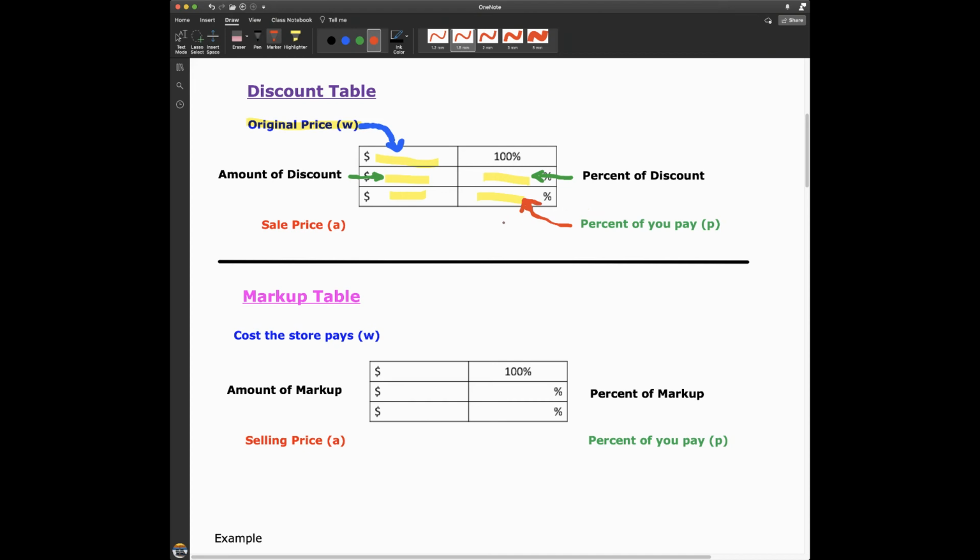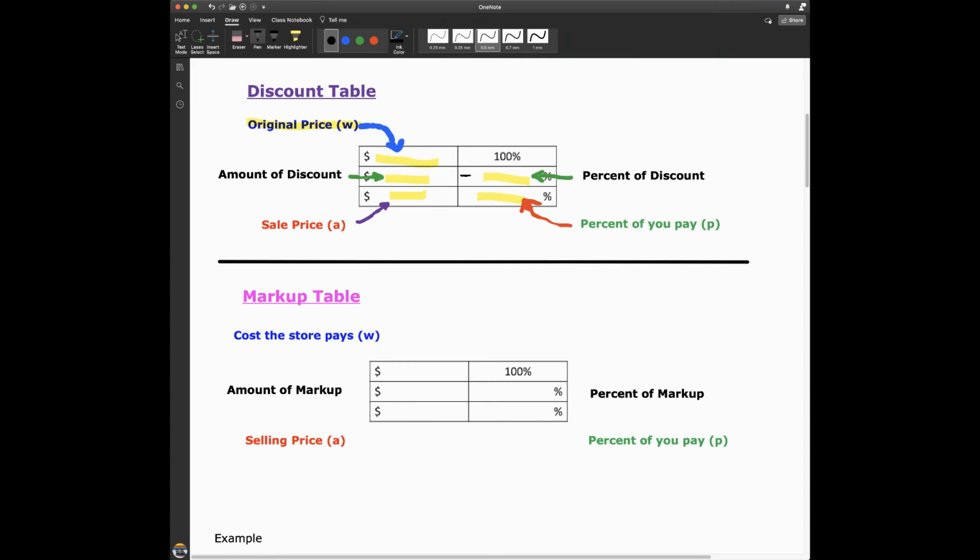And then the sale price is what goes here, okay? And one key thing is when we're talking about discounts, we want to subtract whatever that percent of discount is from 100%. And then you can see what you pay.